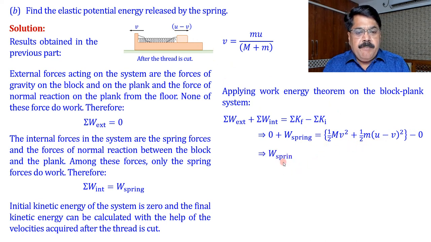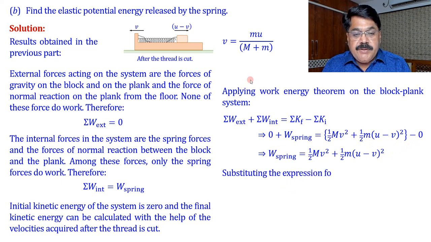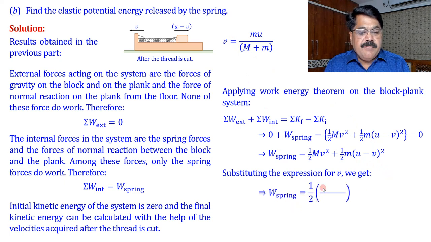Work done by spring is equal to half M v square plus half m (u minus v) square. Now we substitute the value of v here, and we get work done by spring equal to half M m upon (M plus m) into u square. And you can verify this answer.